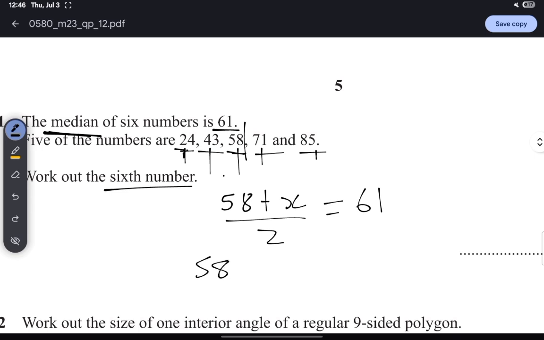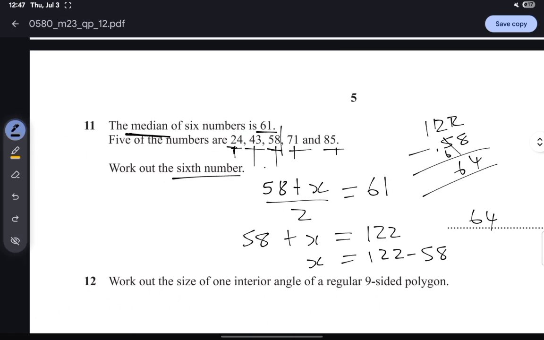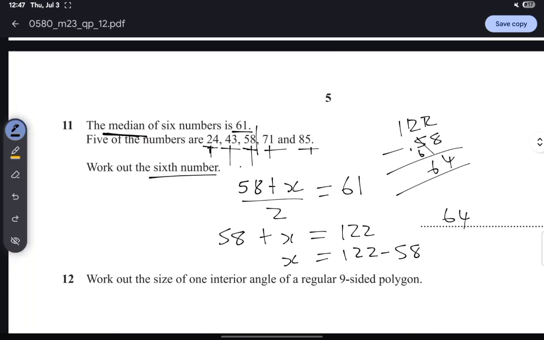So 58 plus x is equals to 122. Then our x will be 122 minus 58. This will be 64. So the sixth number is 64.